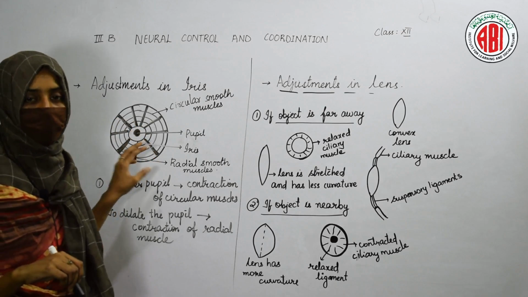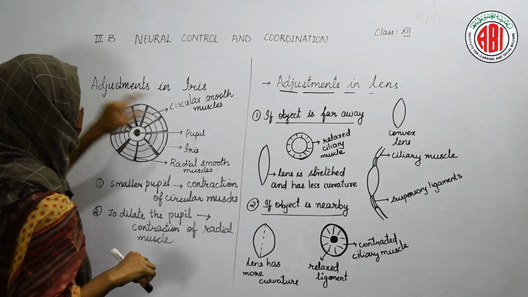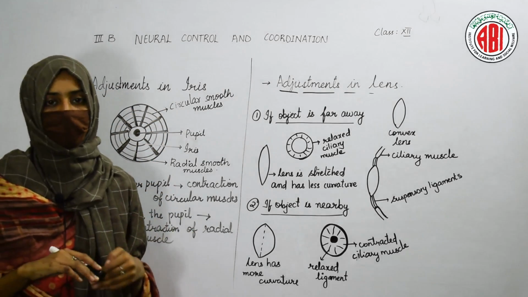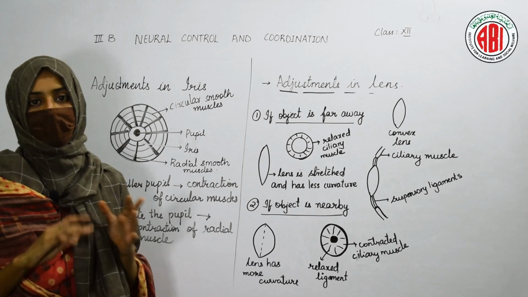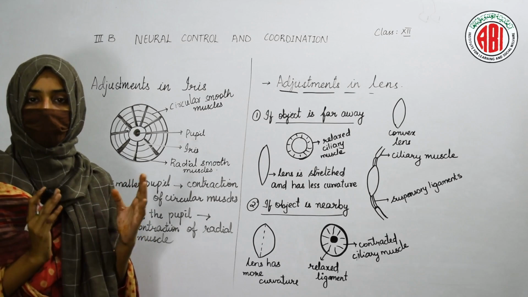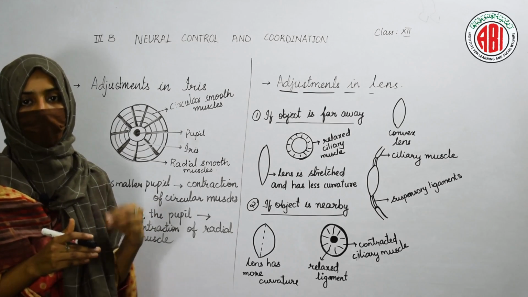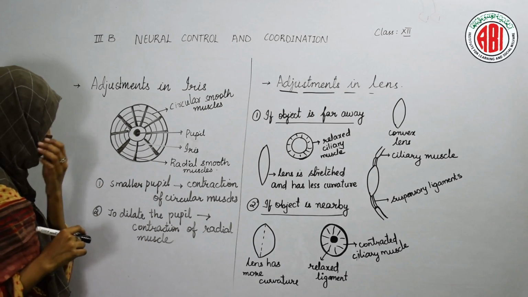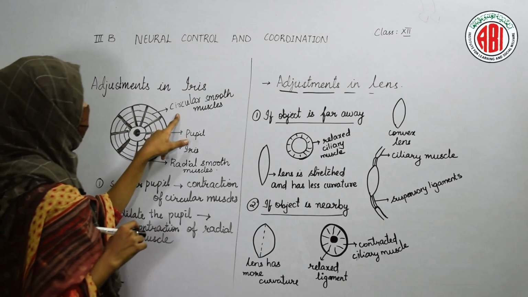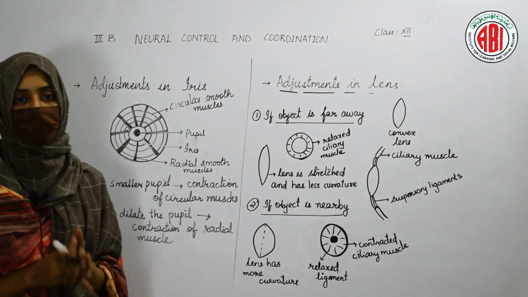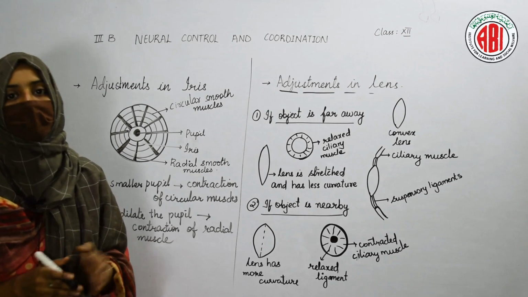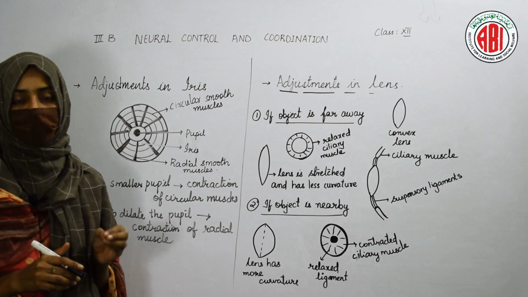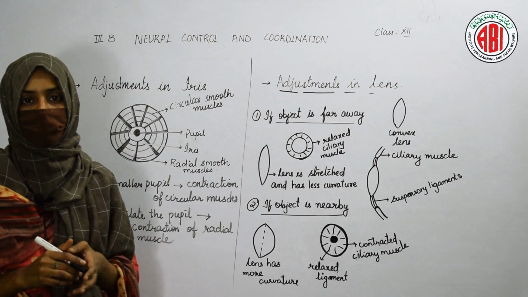Due to the contraction of these muscles, you are able to see different objects in the light and also in the presence of dim light. Whenever the circular smooth muscles get contracted, it is when you see an object in the presence of light.